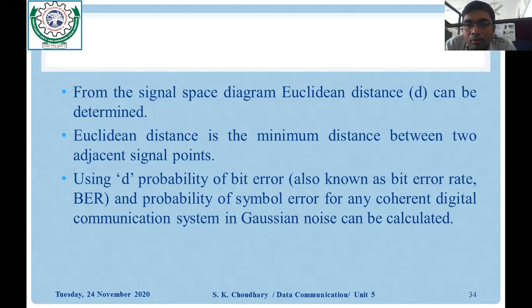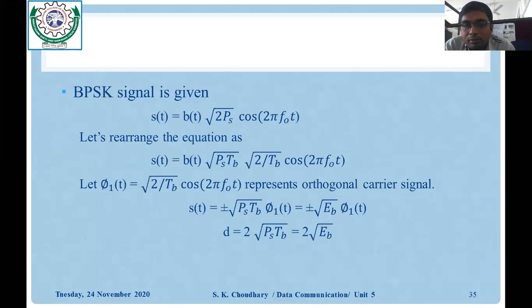Using the Euclidean distance D, the probability of bit error and probability of symbol error for a coherent digital communication system in Gaussian noise can be calculated. So we can easily find out the value of D.